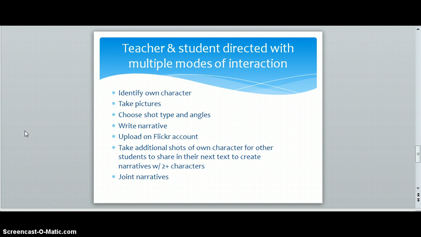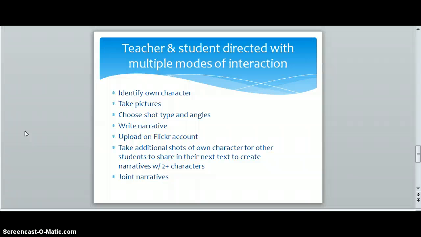Alright, so the ideal area that we should strive to be in is where it's teacher and student directed content with multiple modes of interaction. So in this case, students would have to identify their own characters, take pictures at their own angles.